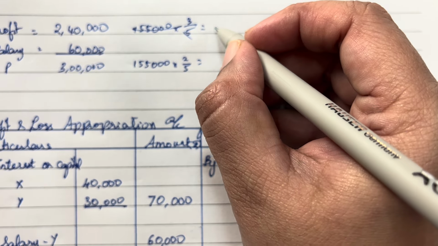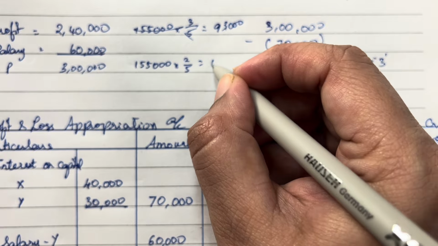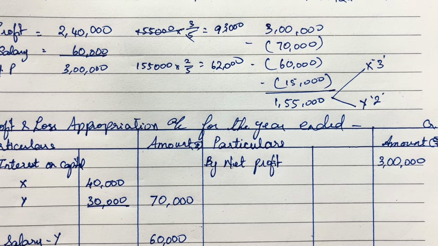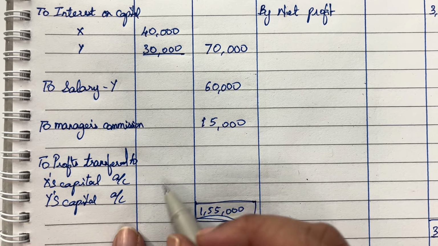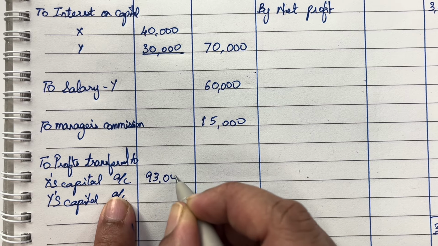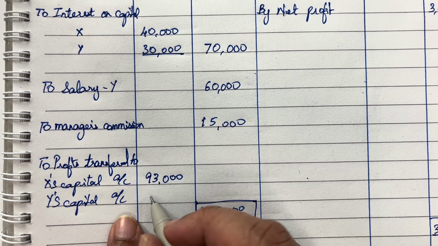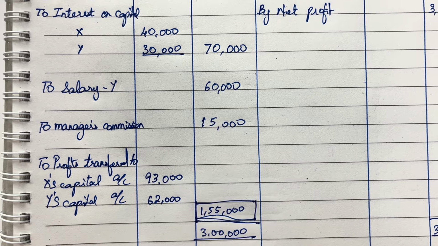So X would be getting 93,000 and Y will be getting 62,000. Okay, so now over here we'll write down X capital is 93,000 and Y's capital account, how much do we get? 62,000 rupees goes into Y's capital account.